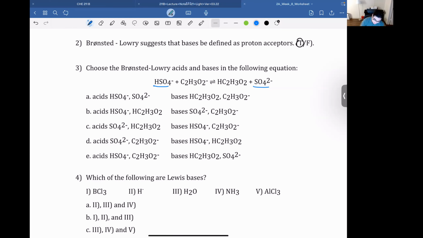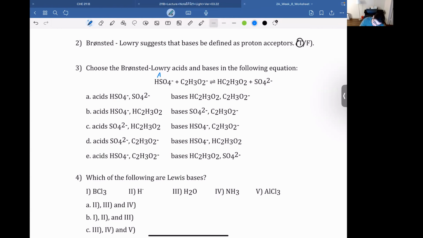If I look at the difference between HSO4 and SO4 minus, I can see that it's missing an H. So since this is losing an H, HSO4 is going to be the acid of the reaction.